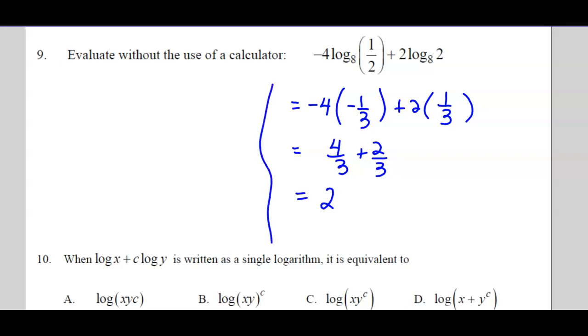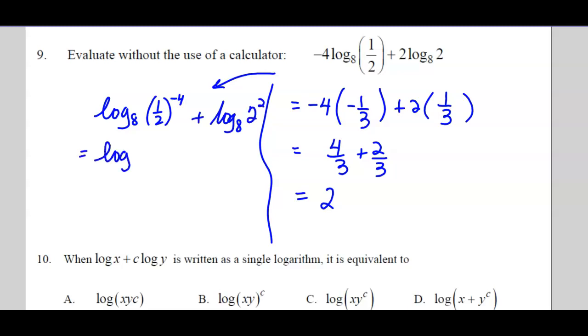So here, you could go, okay, I'm going to bring that negative 4 as an exponent. Bring the 2 as an exponent. So really, that's going to flip it, and 2 to the 4th is 16.